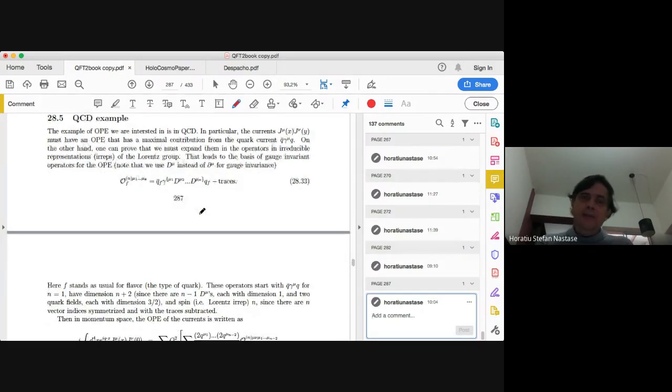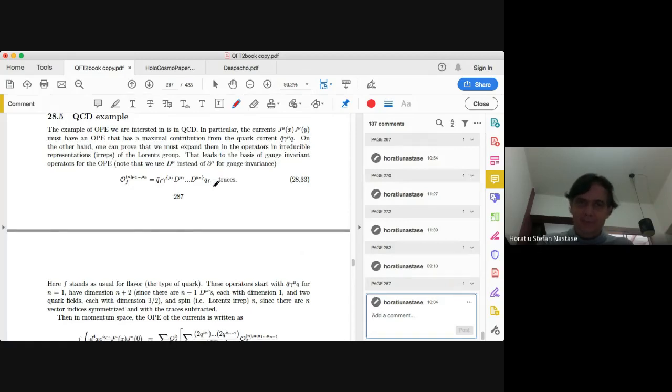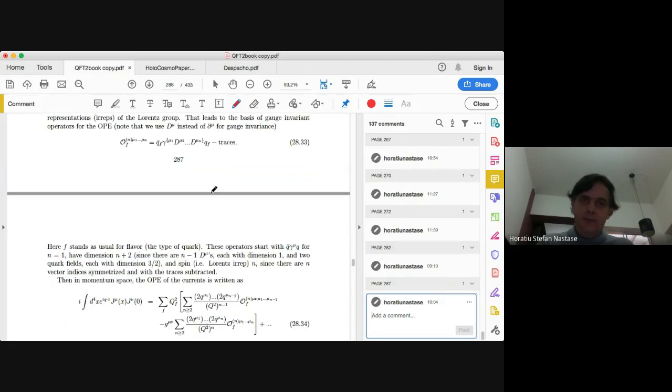And for it to be an irreducible representation of the Lorentz group, I must symmetrize the indices mu1 to mu_n and take out the traces. So the symmetric traceless product of vector indices is an irreducible representation of the Lorentz group.